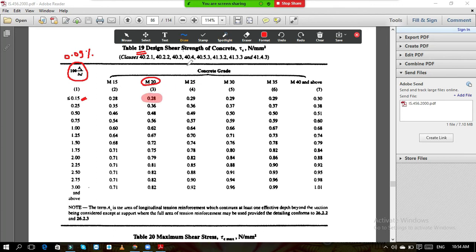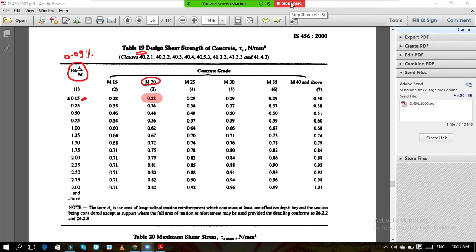Because our percentage of steel is 0.09, if it came between values, suppose 0.55, then we would need to interpolate between 0.50 and 0.75. But here our percentage of steel is 0.09, which is less than 0.15. So the minimum value for M20 grade of concrete is 0.28, and we will take this value for our further calculation.